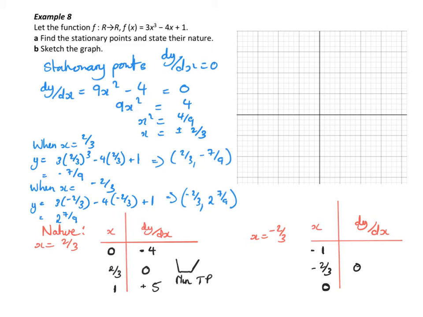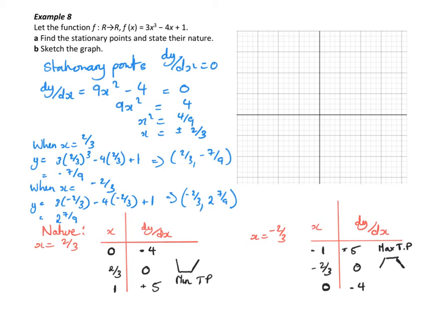Now we already know for 0 that dy/dx is -4. When we substitute -1 in there, we get -1 squared, so we get 9 minus 4, we get 5. So looking at this one, what's happening to the gradient? It's positive, 0, negative, and therefore it is a maximum turning point.